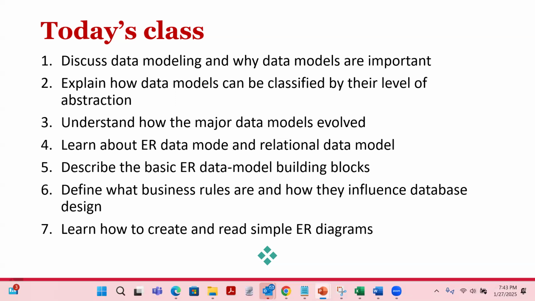And then the rest of the class we will spend on entity relationship data model, and its representation, entity relationship diagram. We'll also look at a couple of examples on how to build entity relationship diagrams. So all of that will be preparation for our next class, where we'll be learning entity relationship model in more details.